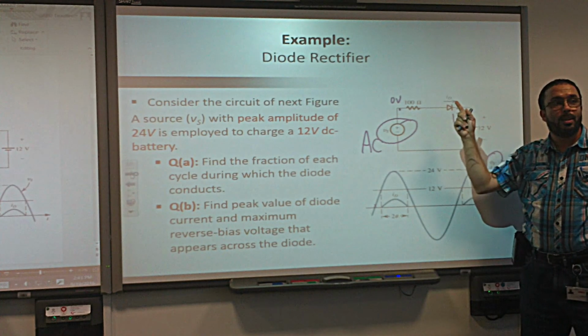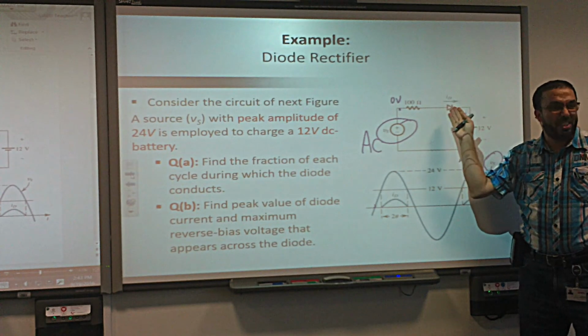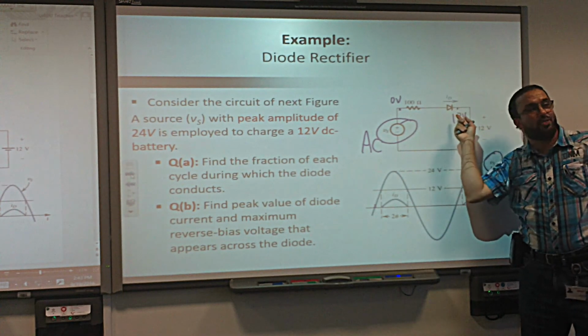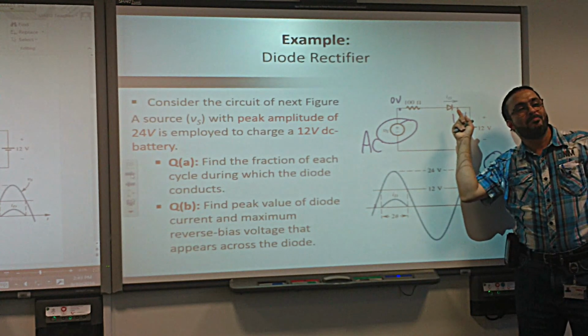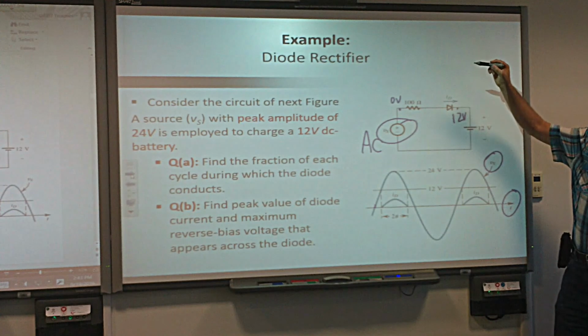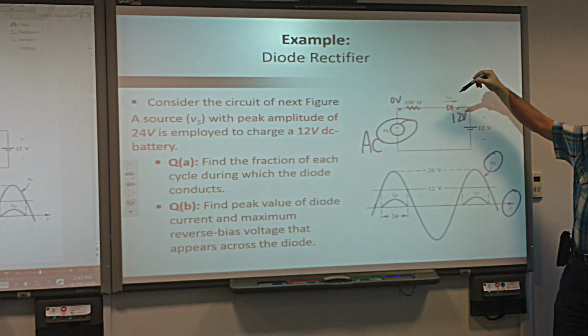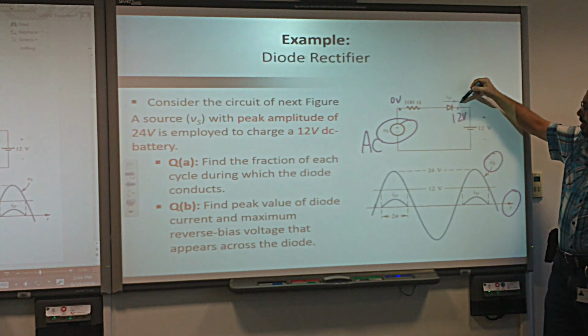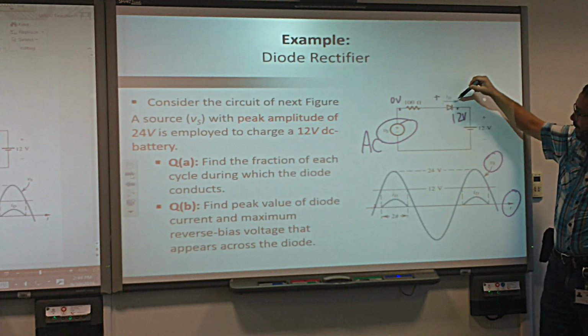If it's in reverse. Is it in reverse now or forward? In this case, is it forward or reverse? Well, it's forward if the voltage... When's the condition to have forward? If the triangle, or the anode, is bigger than this. If this is bigger than this.